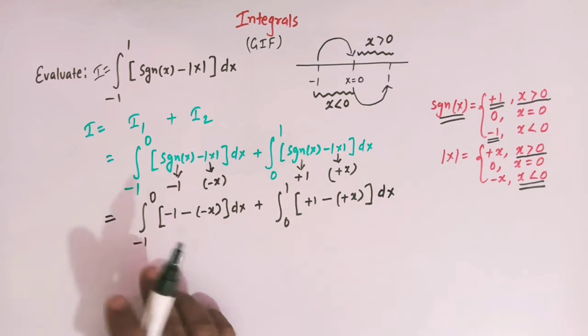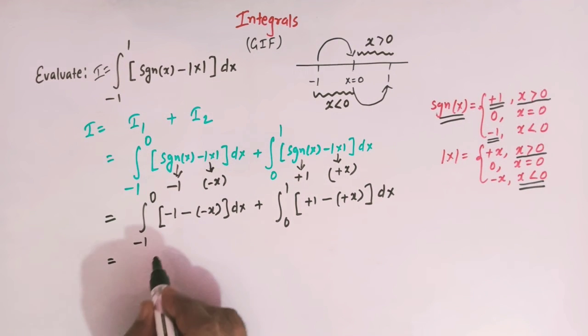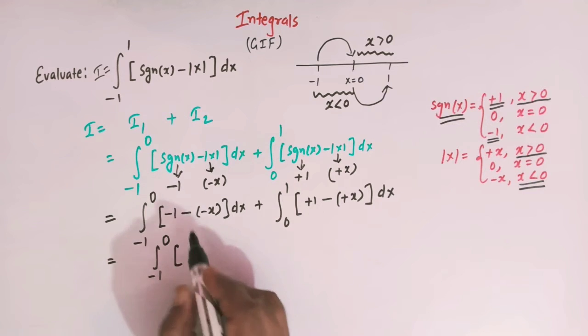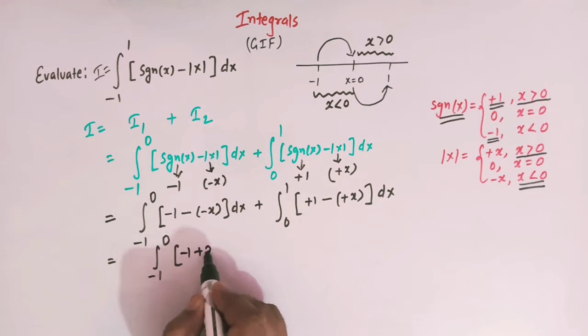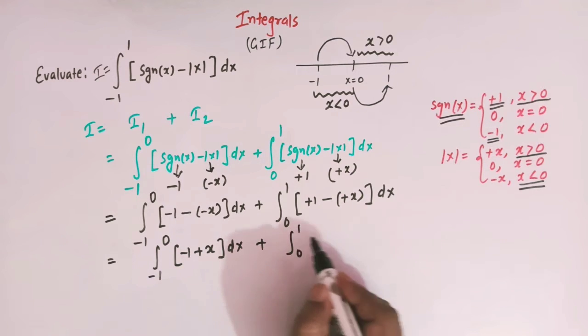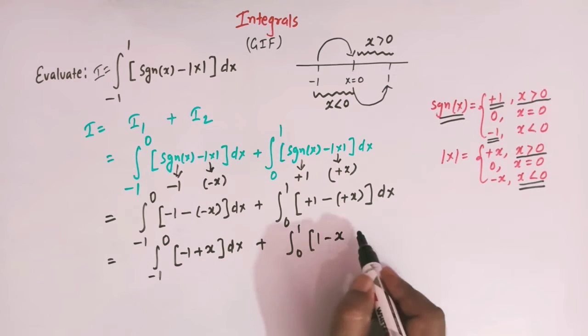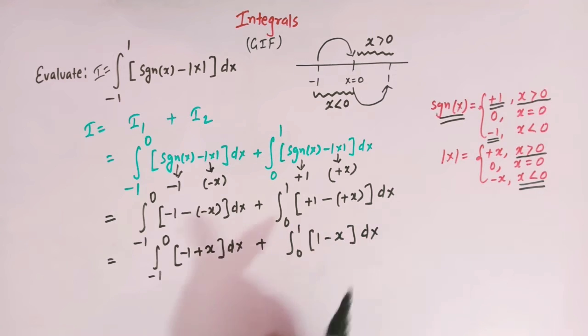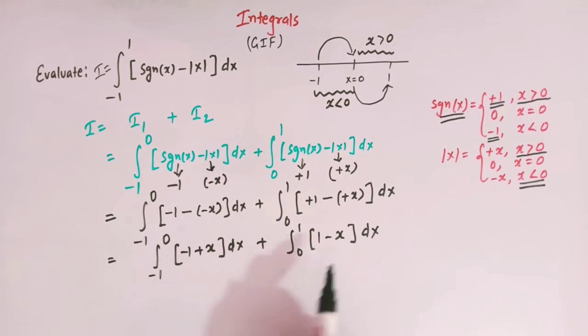Okay, so now we have these two integrals. We can simplify it further. -1 to 0, here we have -1 plus x, and then we have 0 to 1, and here we have 1 minus x, right?